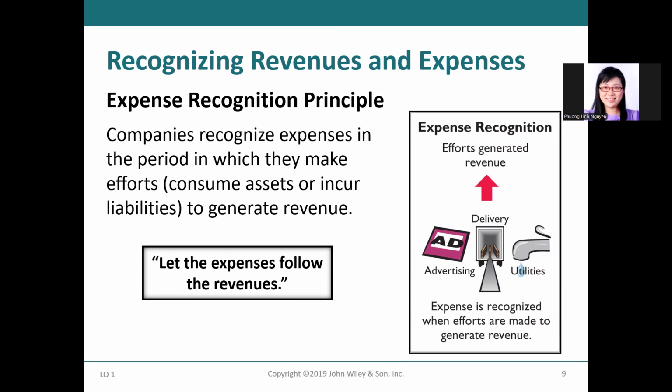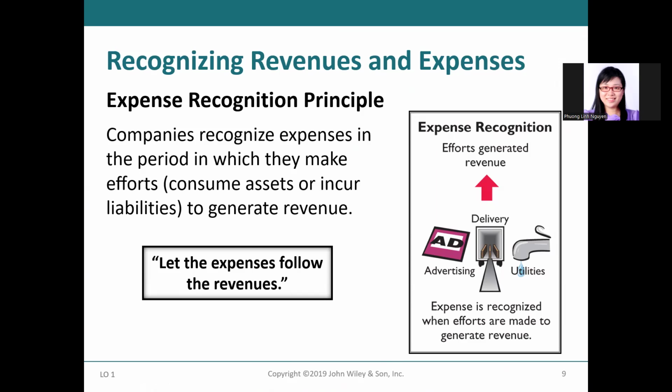Whenever we use some expenses in order to generate some revenues, then we have to record those expenses. For example, if you use utility services like electricity, water, telephone, in the month that you generate revenues, you have to recognize those expenses, even though you haven't paid money yet.